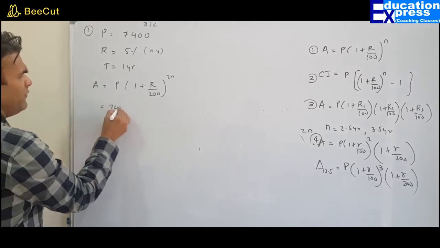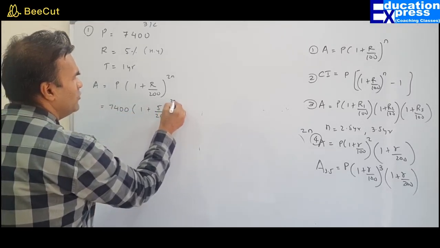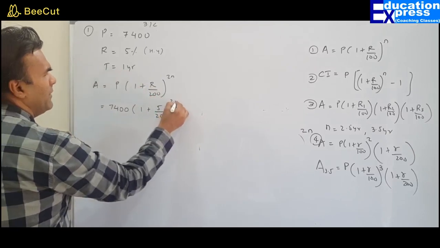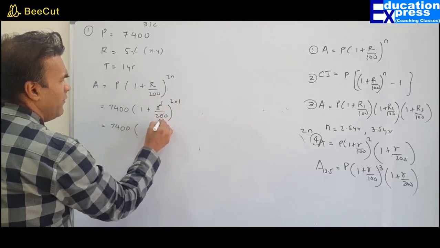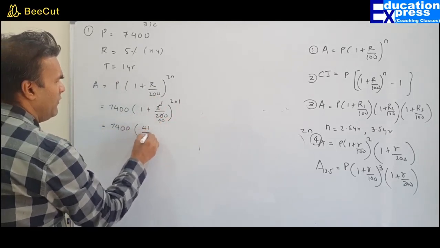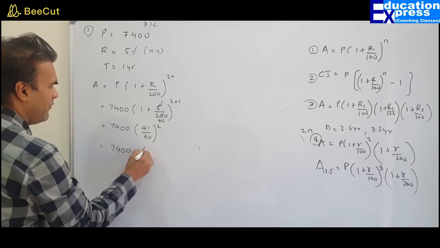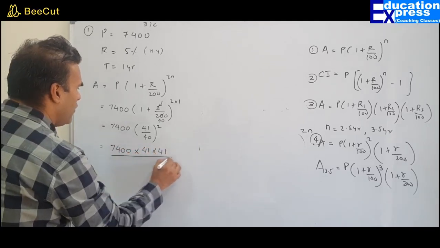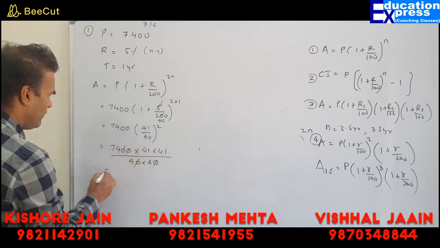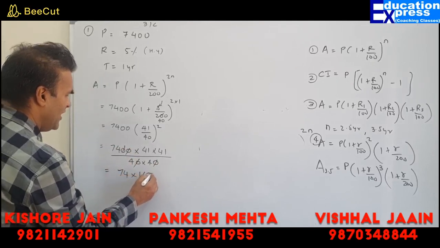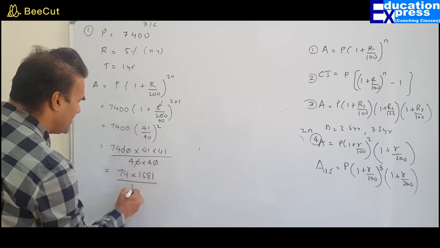So, my dear friends, 7400 times 1 plus 5 upon 200 raised to 2n. n stands for 1, multiplied by 1. 7400, this will be 1 and this will be 40, so 40 plus 1, 41 upon 40, the whole square. 7400 multiplied by 41 multiplied by 41, the whole upon 40 into 40. 74 multiplied by 1681. 41 into 41 is 1681, divided by 4, 4 4s are 16.